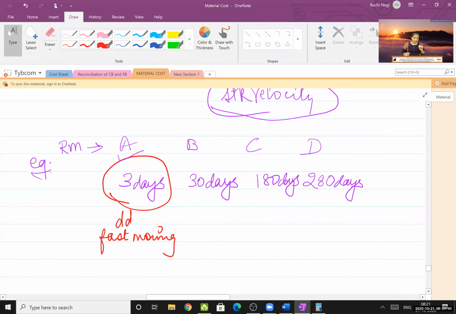Next, B, 30 days मतलब it takes 30 days to get converted into sales. So that means इसका भी demand है but इसके comparison में कम. If you compare it with A, definitely this is slow moving.